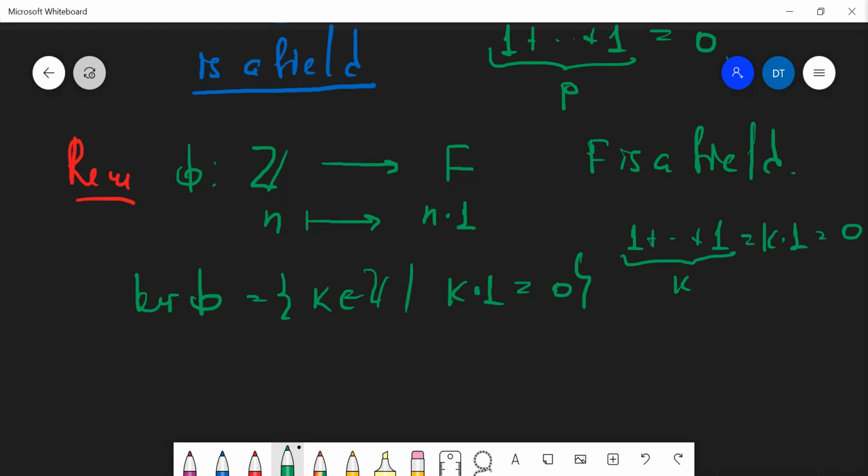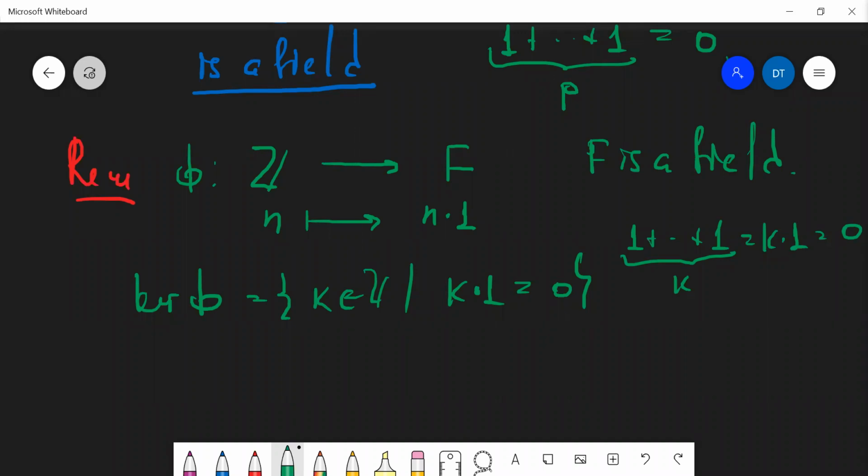So the kernel consists of all integers k such that k times 1 equals 0. The smallest possible positive k inside the kernel is the characteristic. And if there is no such positive k, then 0 is the characteristic.